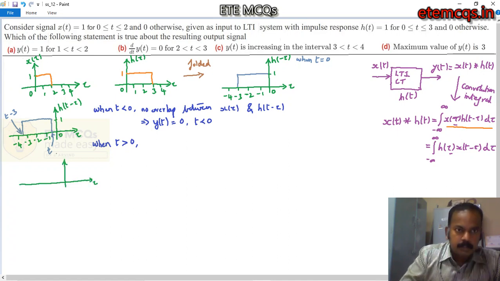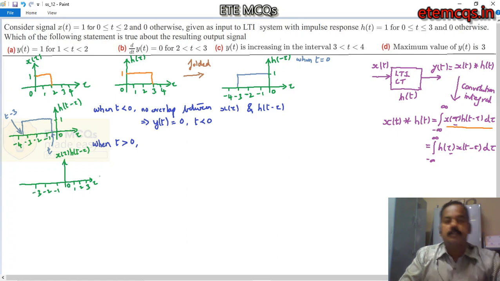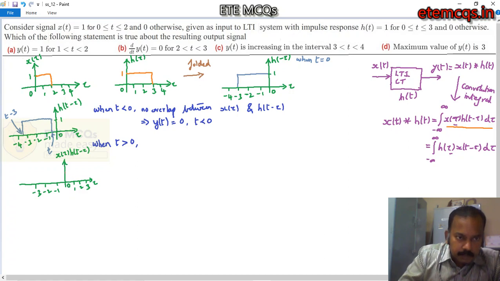Let us take x of tau and h of t minus tau, because we are going to plot both the signals on the same diagram just to check the region of overlap. Here 1, 2, 3, and here minus 1, minus 2 and minus 3. You have x of tau lying between 0 and 2.